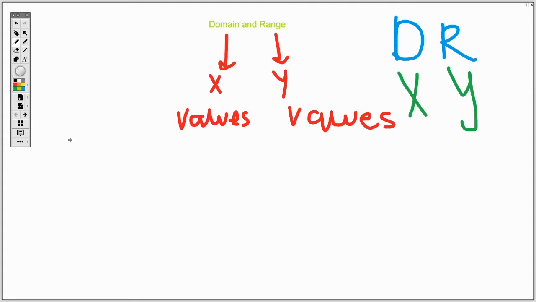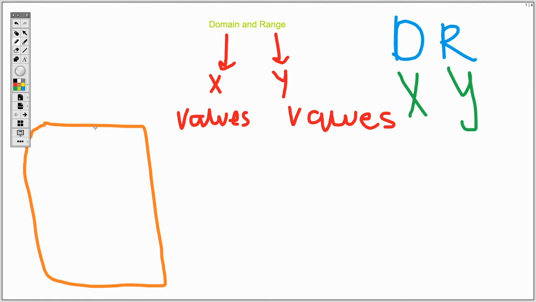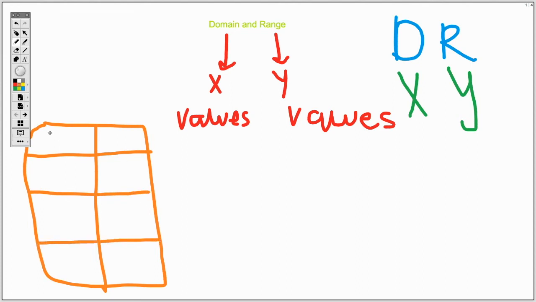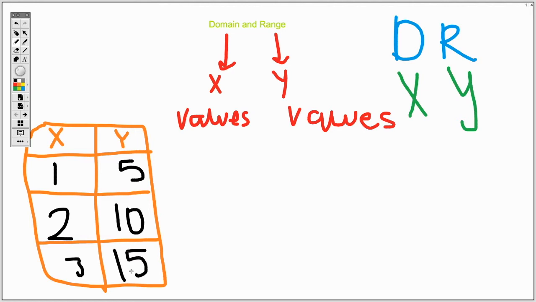So if we see an example here, if I draw a little table. X, Y. So I have 1, 5, 2, 10, 3, 15.